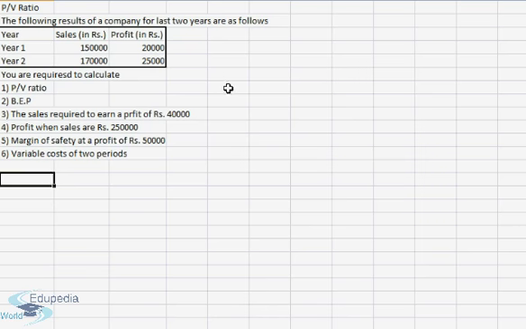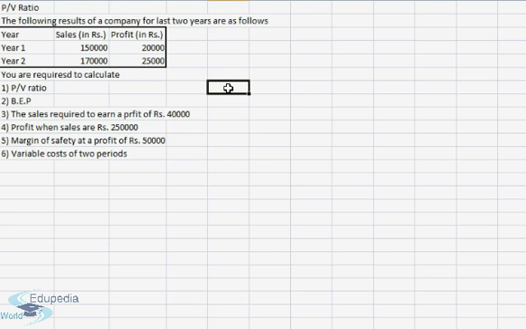So PV ratio can be calculated as contribution divided by sales, and you can multiply it by 100 to convert it into percentage.